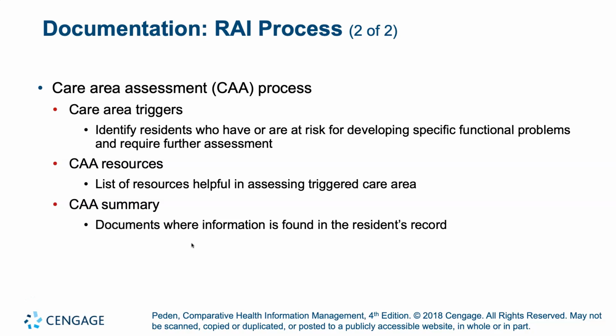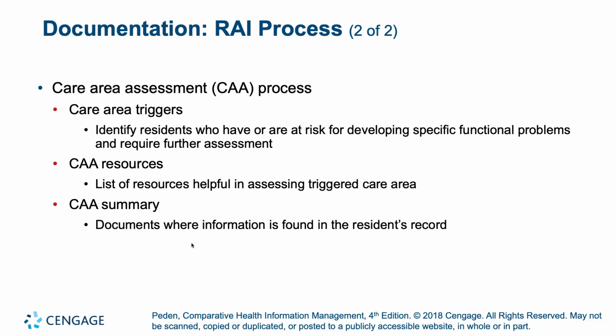So you want to go through and make sure that your new residents are not hitting any triggers. And if they are, then you want to go through and do a further assessment and set up how that's going to be addressed. And then your CAA resources, there are lists of resources that will help you assessing that triggered care area. And then there's the summary.